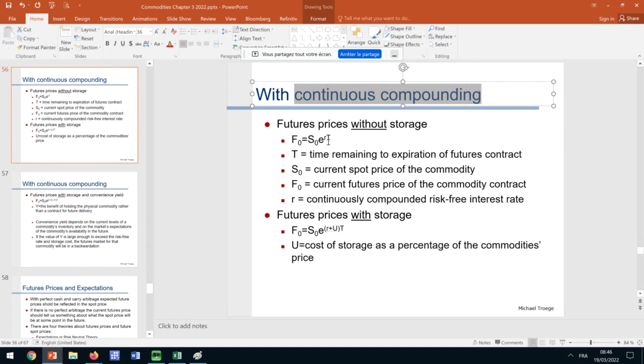So you can express the futures price as the spot price multiplied by the exponential of the interest rate and the time. If the only cost of carry is the interest rate, this is what you would get. If you have storage costs, then you have the exponential of the interest rate plus storage costs, per time.